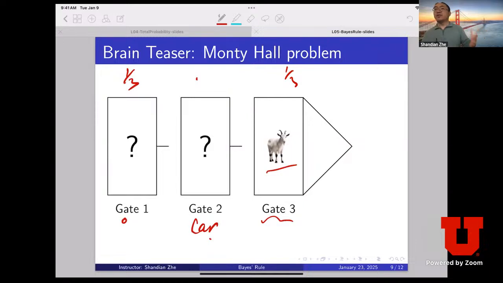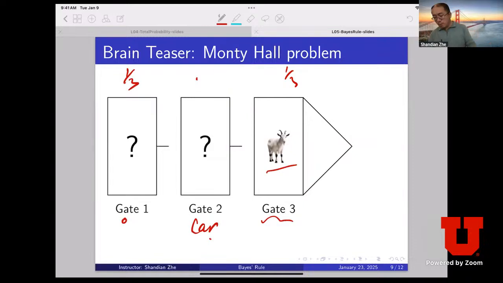There's not any other choice. He won't open gate 2. If he opened gate 2, it would tell you the car is behind gate 2. He has no choice. He can only open gate 3.